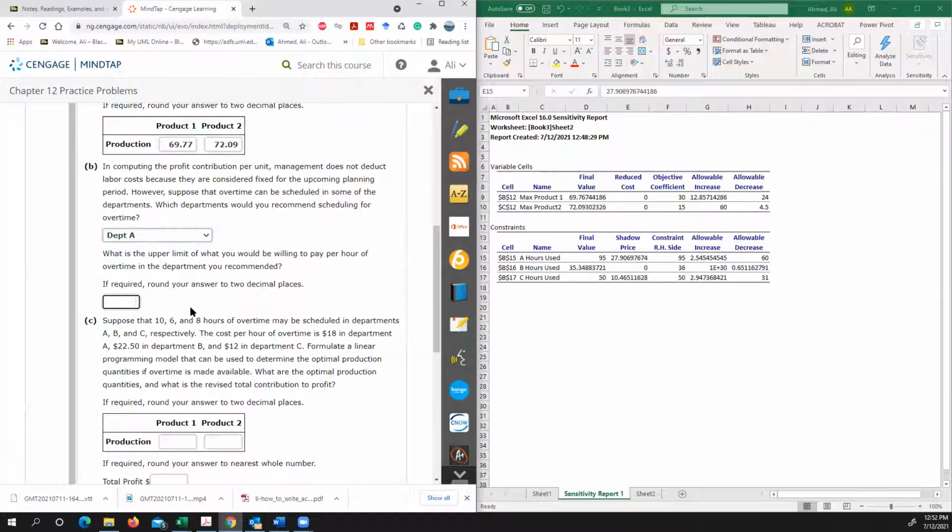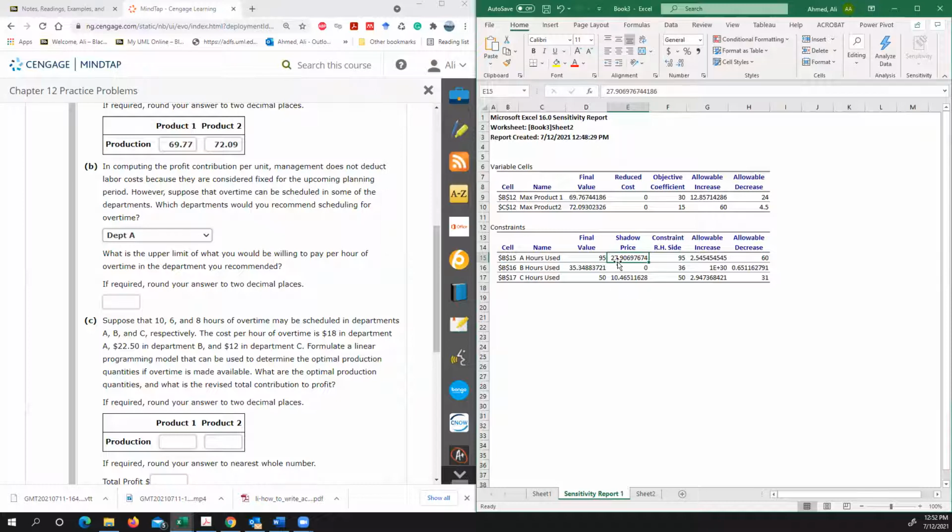Okay. What is the upper limit, or would you be willing to pay per hour of overtime in the department you recommend? So think about it. This is the shadow price, and this is the additional profit we will be getting if we add the overtime. So how much should we pay for the overtime so that we are still at the break even?